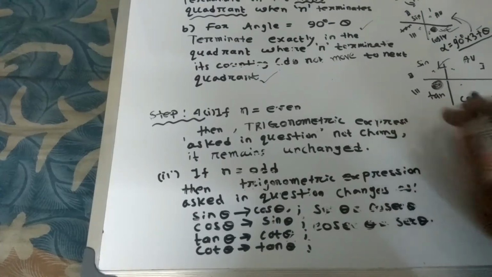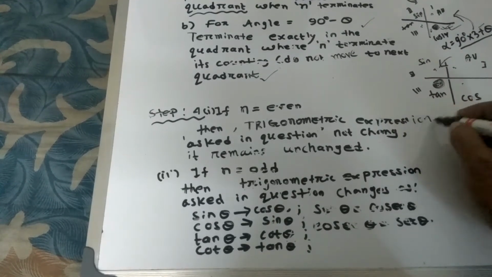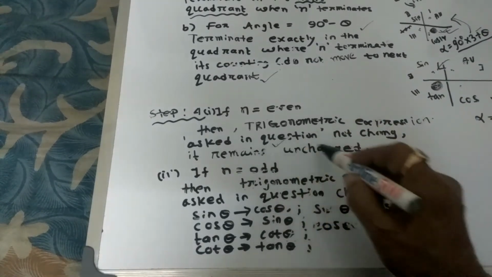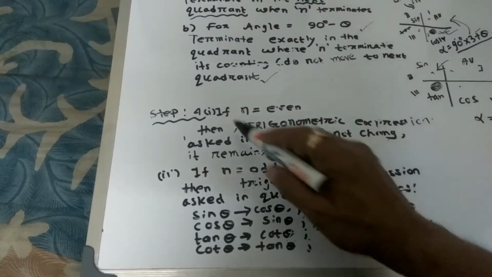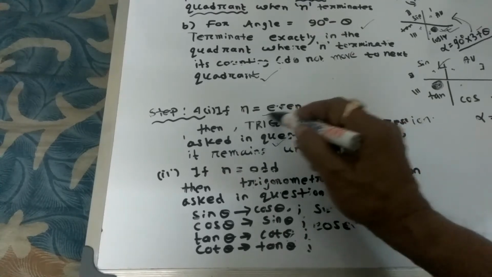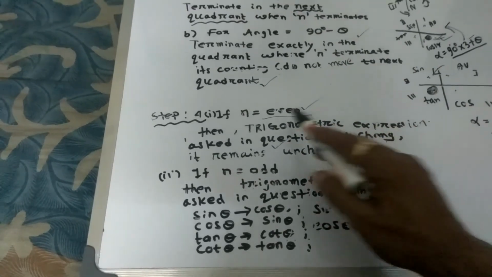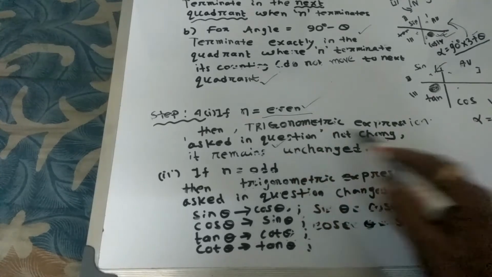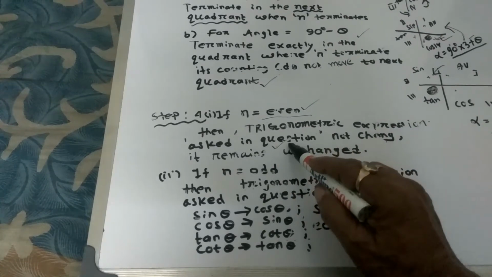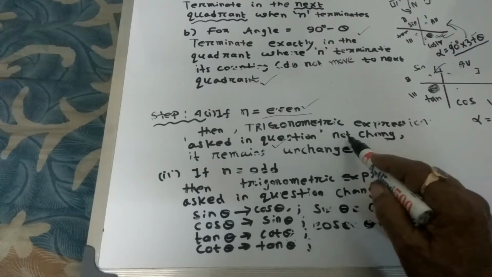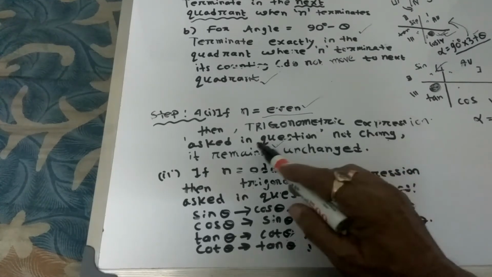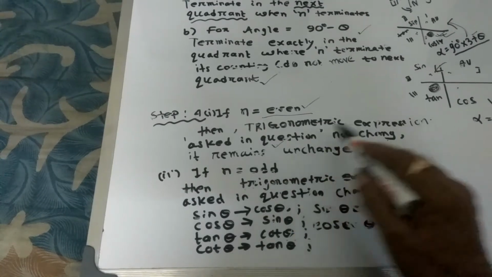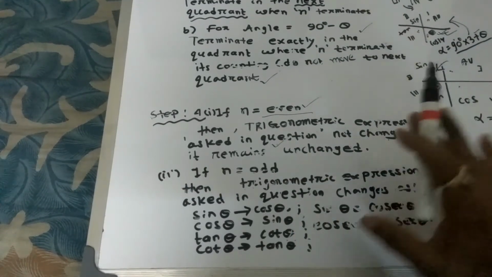If n is odd, then you have to change the trigonometric expression. Odd means 3, 7, all the odds I have shown you in the examples. If n is even, you should not change the trigonometric expression, meaning the format in which the question is given. It remains unchanged.